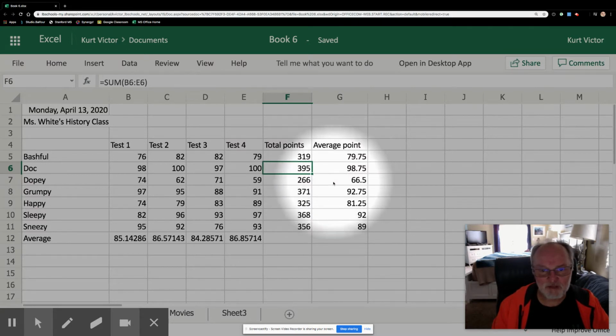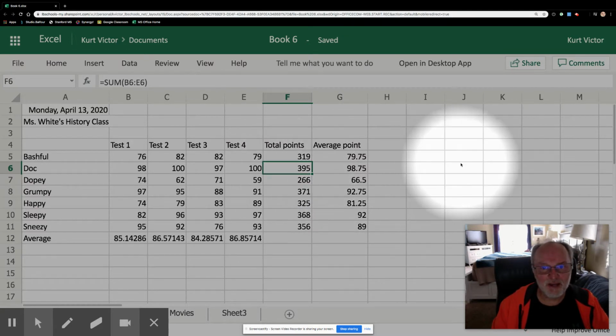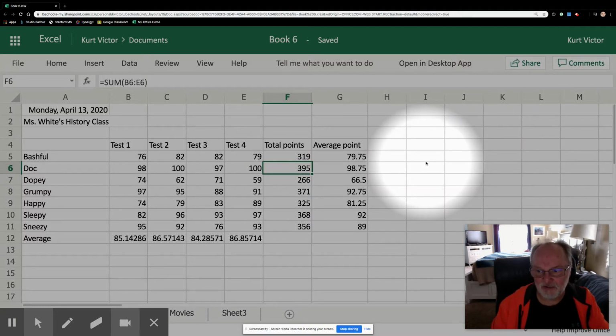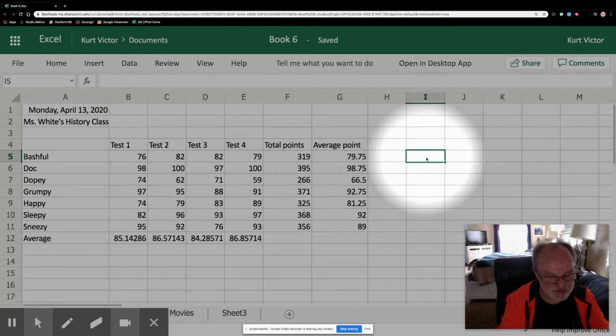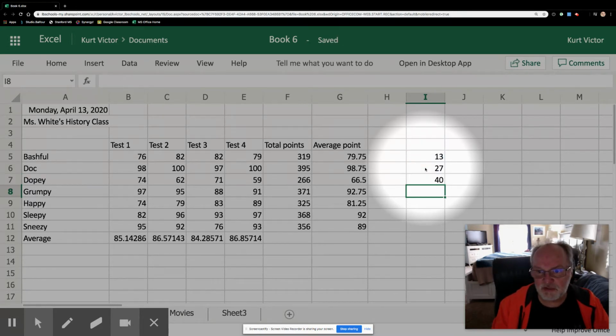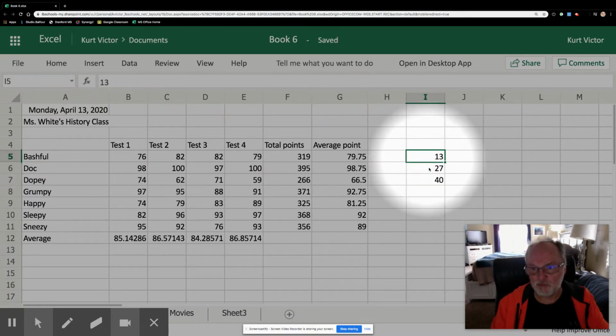Another problem that sometimes people have is when they're adding cells together, one of the cells does not have a value, but instead has a label. For example, if you add 13 plus 27, and you add these together, I5 plus I6, you get a good answer.